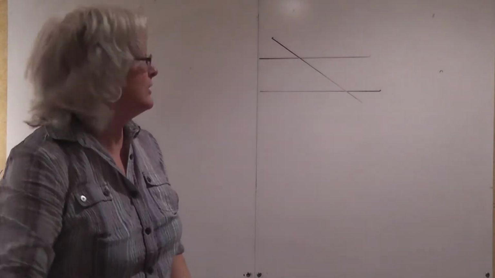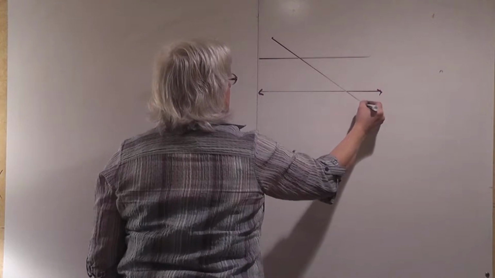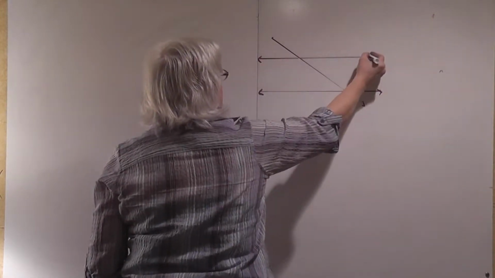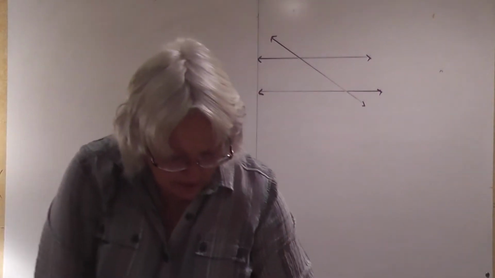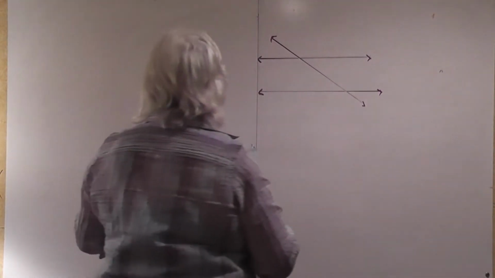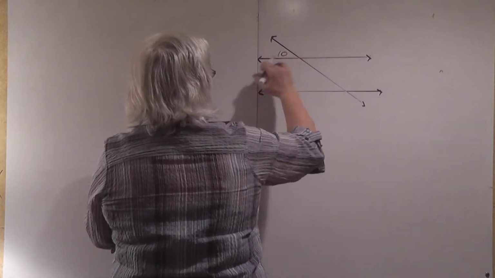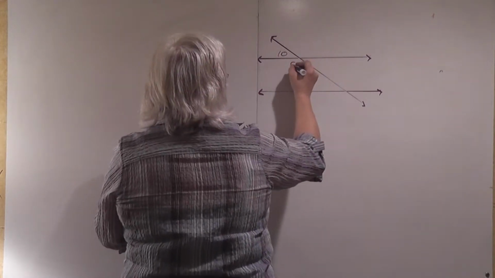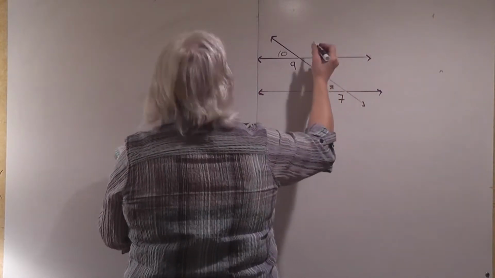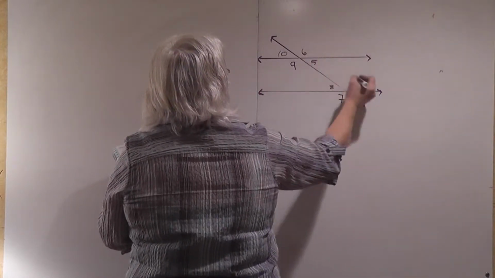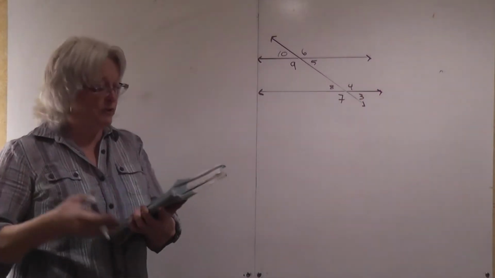So we have two parallel lines that are intersected by a transversal, and we want to be able to see the relationship between angles here. And we are defining these two lines to be parallel: 10, 9, 8, 7, 6, 5, 4, and 3. Here's our sketch, and they're reviewing your vocabulary.